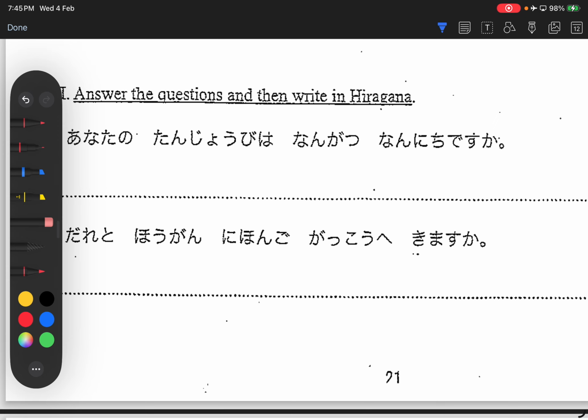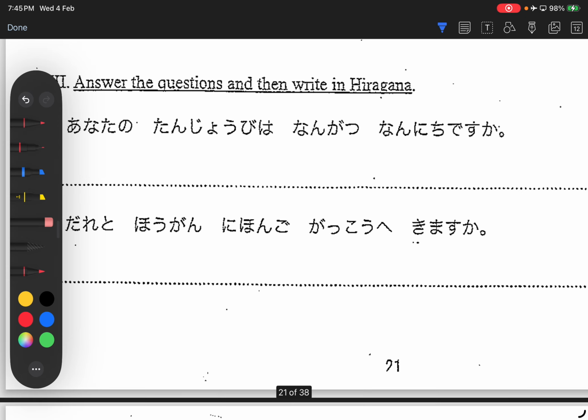Number 2. 誰と日本語学校へ行きますか？ Actually, I used the very honorific form. I'm going to use Danna-san to kimasu. Because when someone asks you, you don't be too casual lah, when we are meeting someone. Even if somebody asks you this question, we will still try to say Danna-san. You want to say Otto is fine as well.